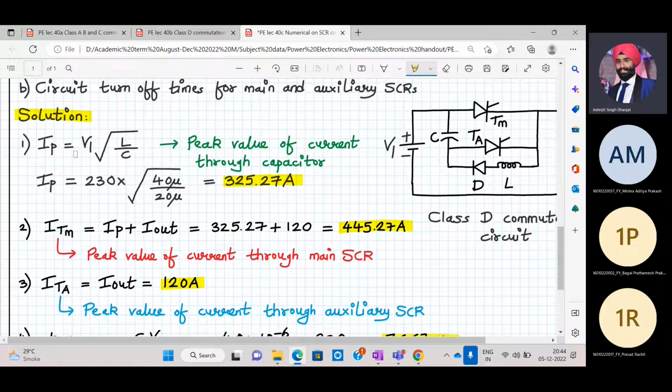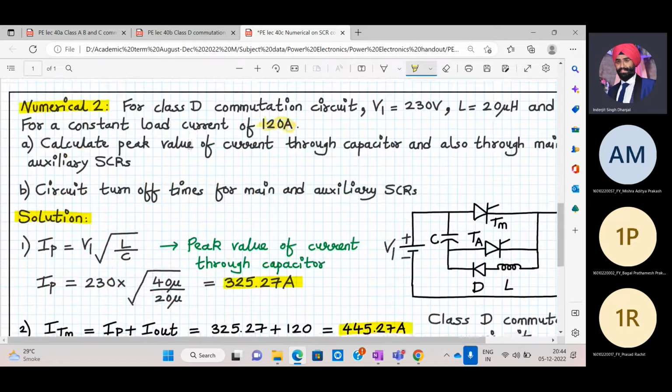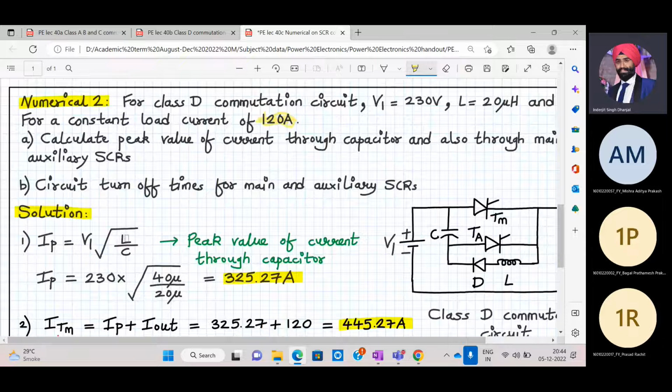So straightforward formula, IP is V1 into square root of L by C. I mean, here there is some problem. There should be C by L actually. It should be square root of C by L. So please correct it.